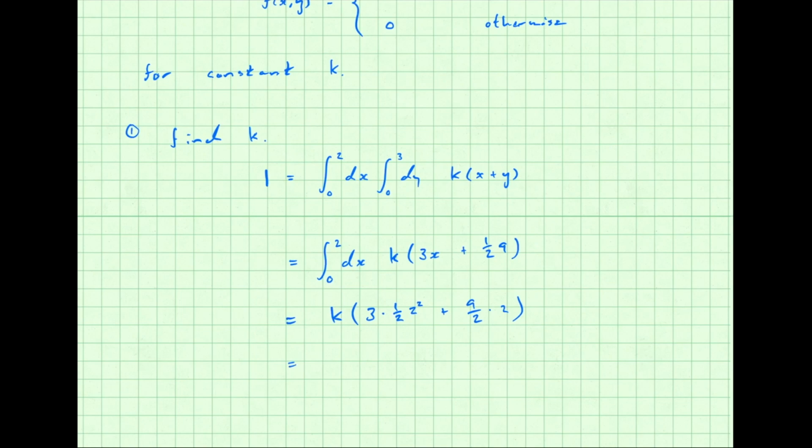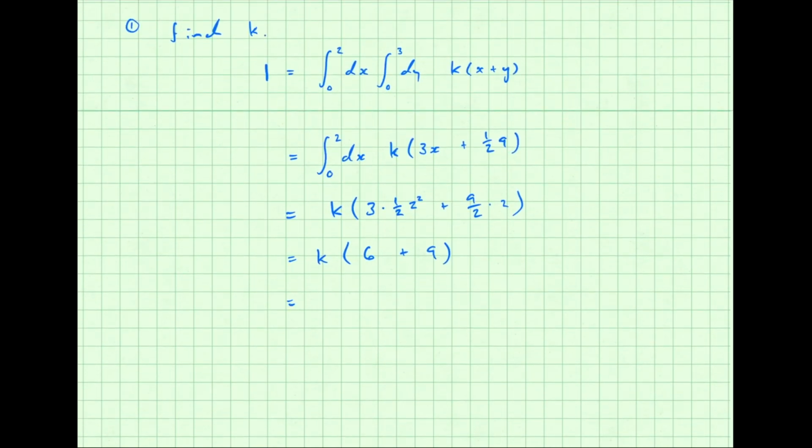All right, so this is k times 6 plus 9, or rather, 15k. Which tells us that k is 1/15. And so that tells us the constant k.